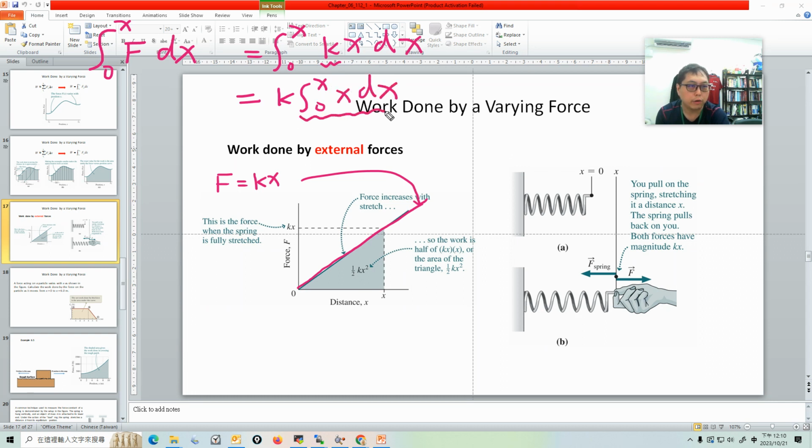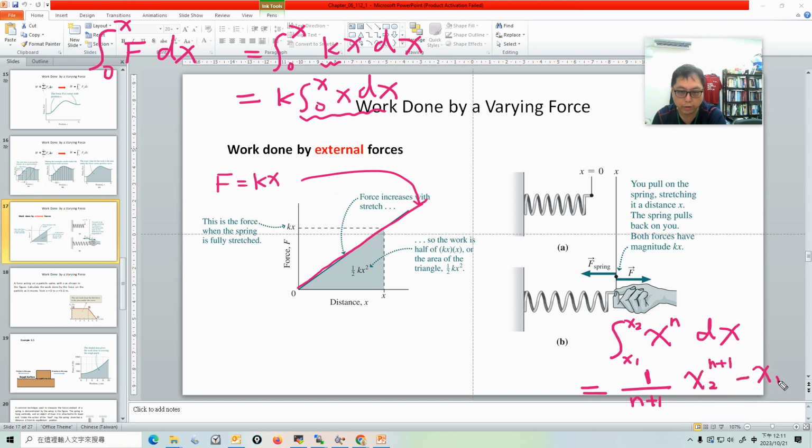And how to do the integration of the power function? I will just show you the rule for integration of the power function, from x1 to x2. The rule is 1 over n plus 1, times x2 to the n plus 1 minus x1 to the n plus 1. This is the rule for power function integration.